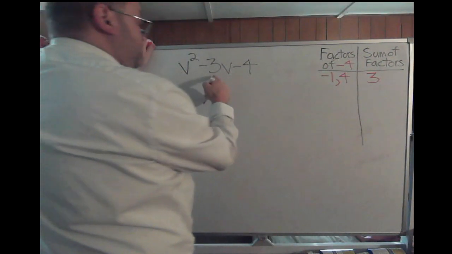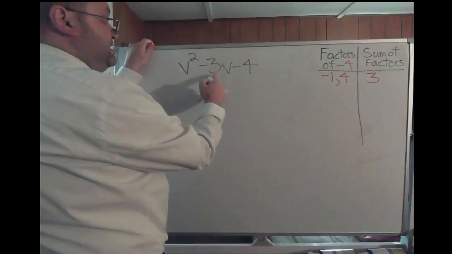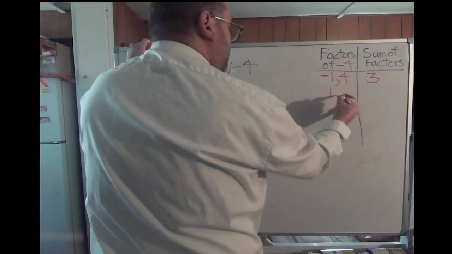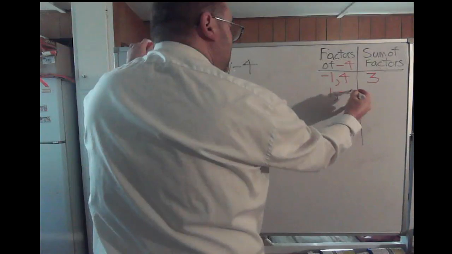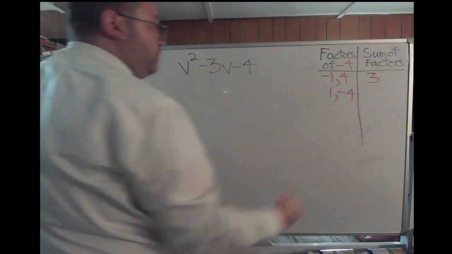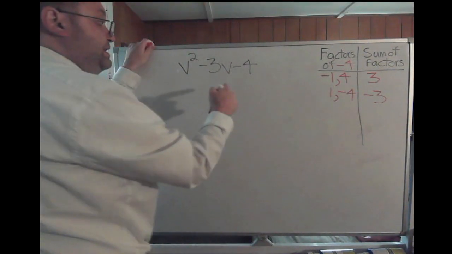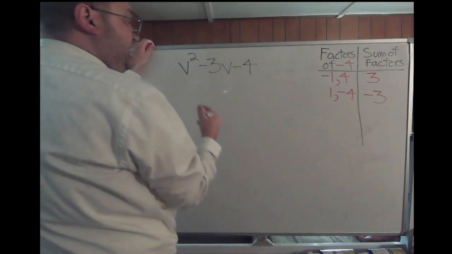Well, the middle coefficient's supposed to be negative 3, so that doesn't work. But how about 1 and negative 4? If we add 1 and negative 4, you get negative 3. Well, that's exactly what we need. That gives you your middle coefficient of negative 3.